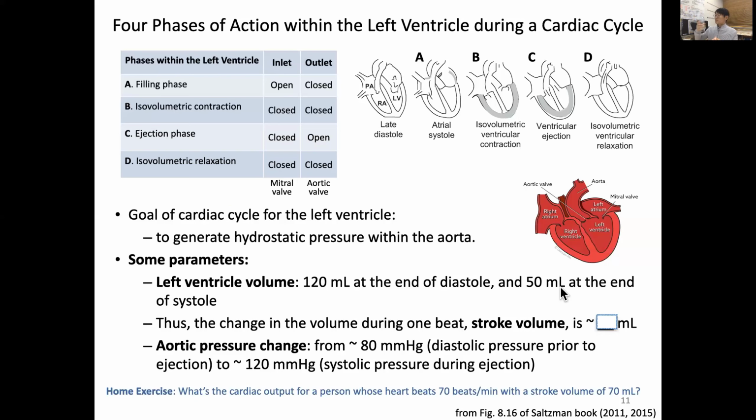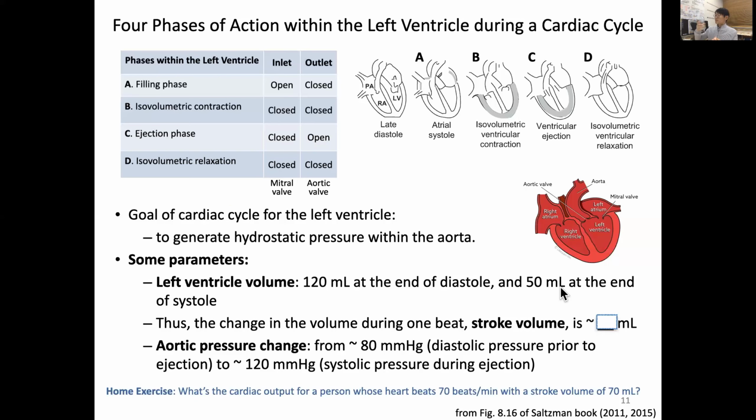So after drinking 50 milliliters, the change of the volume here during one beat, we call it the stroke volume. So that's 120 minus 50, of course, about 70 milliliters. This is the volume of one stroke, the change. And during this, what's the pressure change?